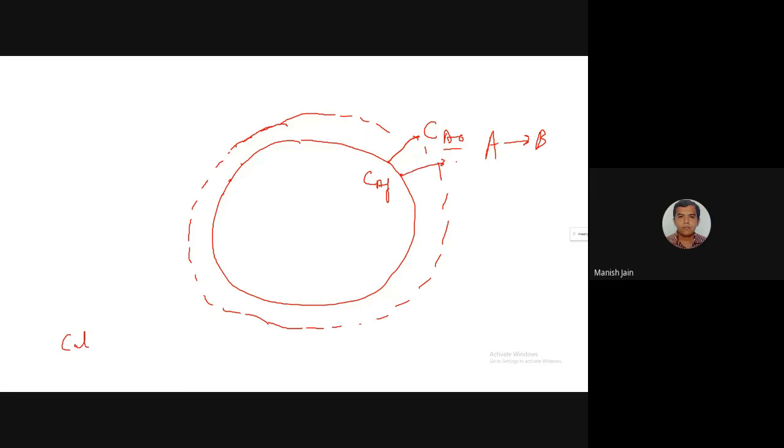Okay, you have to calculate the rate of diffusion of A from the bulk to the catalyst surface, then the rate of diffusion of B from the catalyst surface to the bulk. Because we have assumed this catalyst has a spherical structure, now you have to consider the spherical coordinate system.